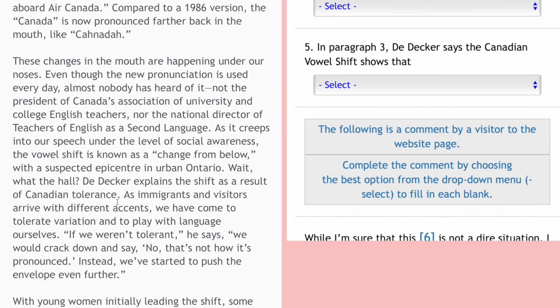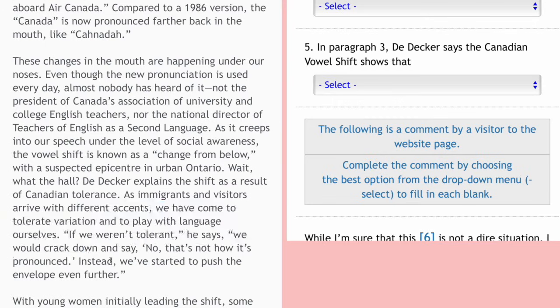As immigrants and visitors arrive with different accents, we have come to tolerate variation and to play with language ourselves. Okay, so we accept it. If we weren't tolerant, he says, we would crack down and say, no, that's not how it's pronounced. Instead, we started to push the envelope even further.